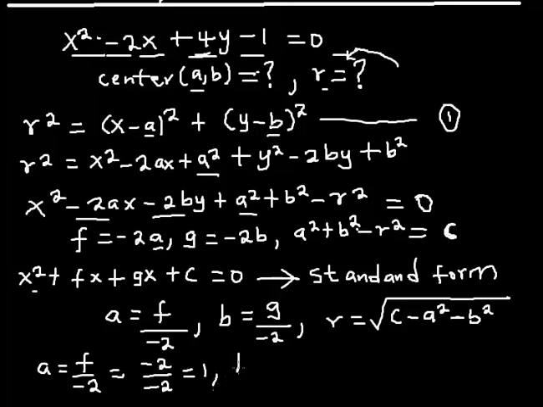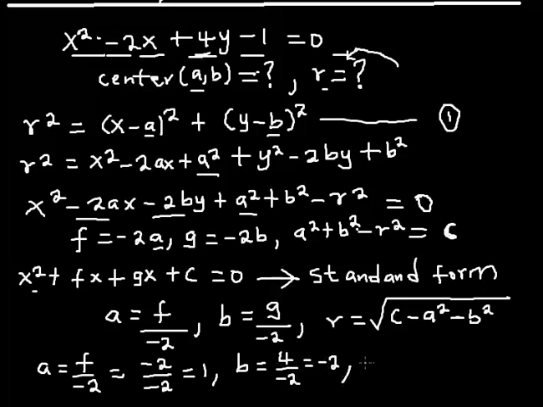Comma b is the coefficient of y there, which is 4. The coefficient of y is 4, and of course g is my coefficient of y, right? That's going to be 4 divided by minus 2, which of course is going to be equal to minus 2.